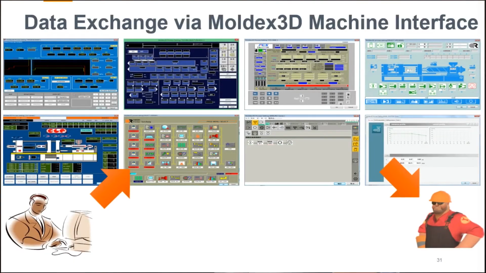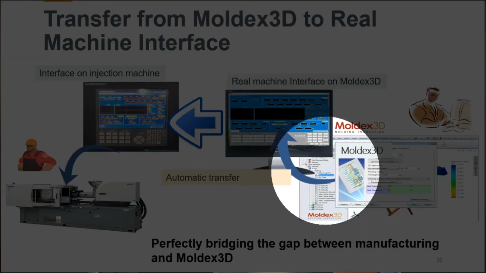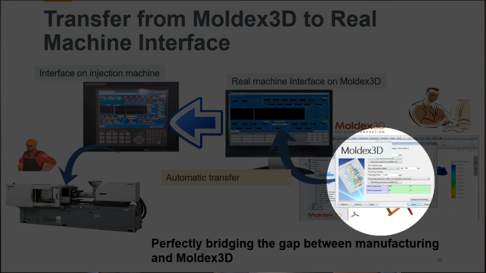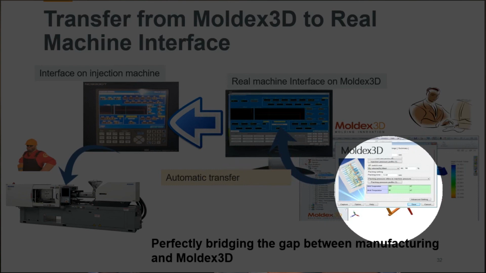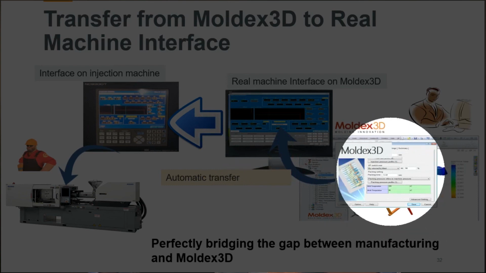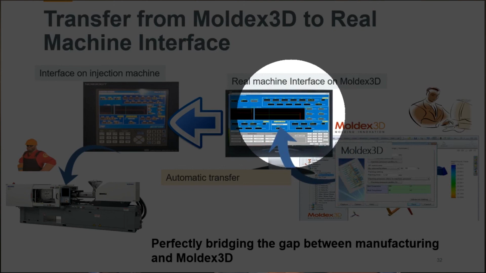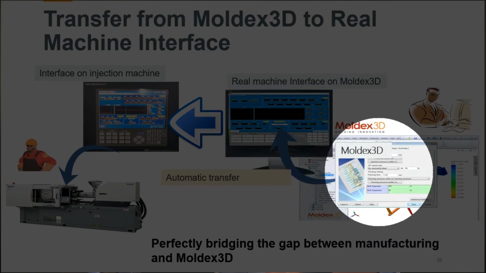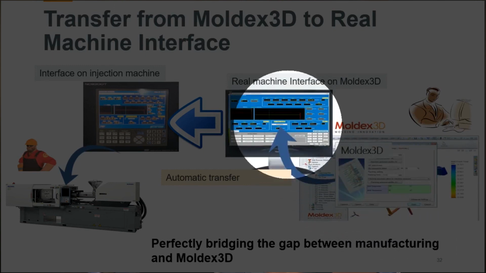So CAE engineers can set up the process using this simple interface in our software, and automatically transfer the process condition settings from this interface to this real machine interface in Moldex3D.